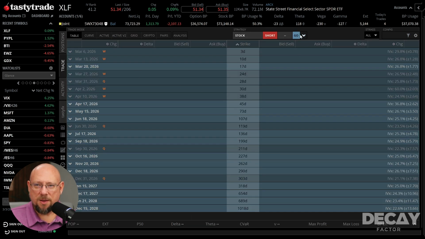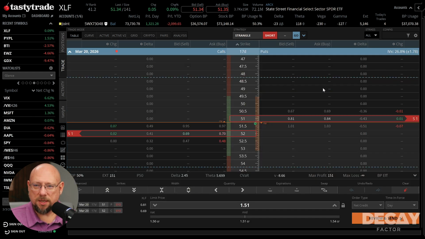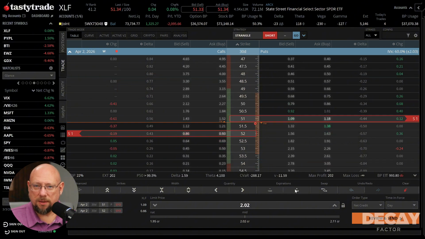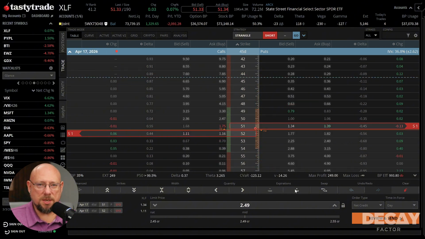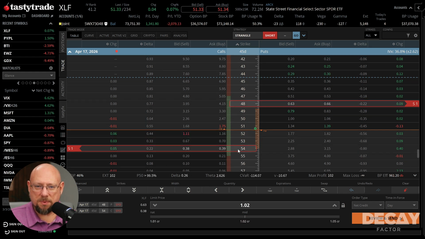So XLF, I'm not too hopeful about XLF, but with this expansion in volatility, maybe. The next cycle is 45 days, so we're right at 45 DTE. Bid ask is really tight here, penny wide, 3 pennies wide here. We can collect $1.02, buying power effect of 760 with a pop of 46.